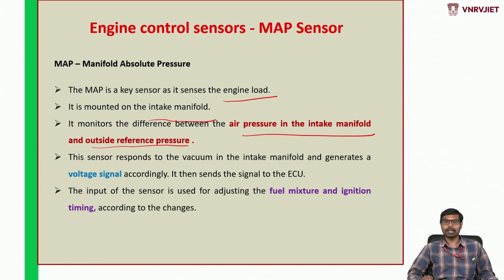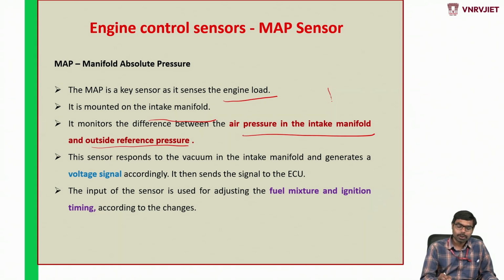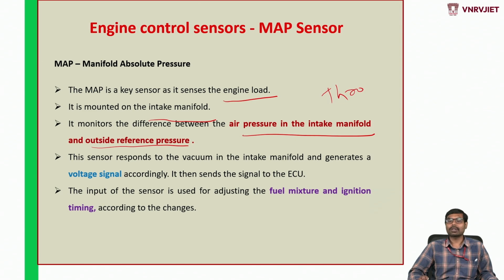So how is this vacuum created? It is based on the throttle position opening. If the throttle is open only 20%, there is more vacuum inside the manifold. As the throttle opening increases to 30%, 40%, 50% and 100%, the vacuum pressure goes down.